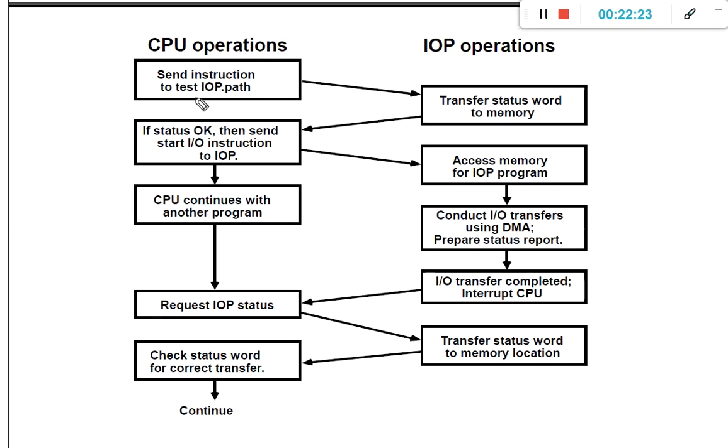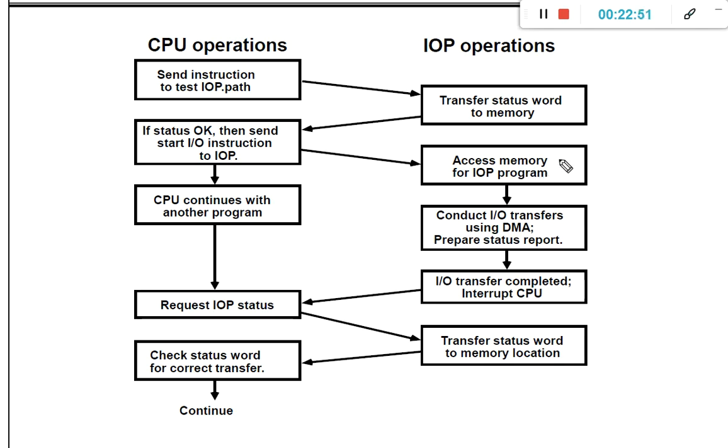Initially, the CPU is going to send instructions to test the input-output processor path. Then the I/O processor is going to transfer the status word to memory. If the status is OK, then send the start I/O instruction to the I/O processor, and then access memory for the I/O processor program.